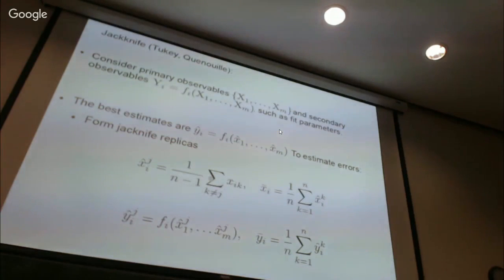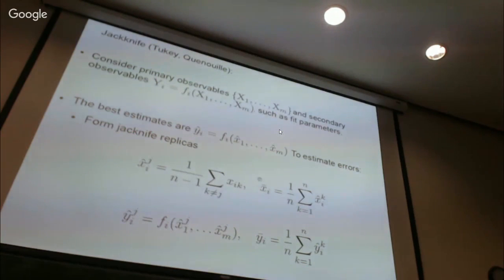So I have a list of all the measurements of a particular observable. I remove one, and then I take the average. That gives me a jackknife replica of the mean of that primary observable. Similarly, throughout the notes so far, we've been using this hat to denote the sample means.